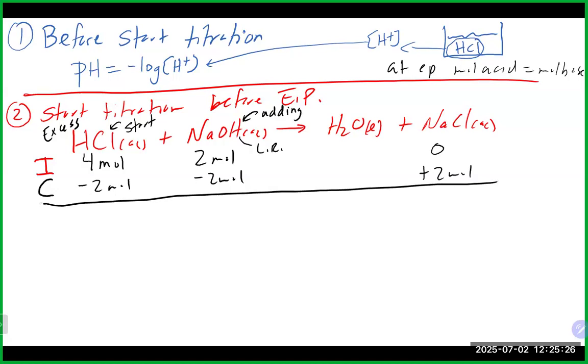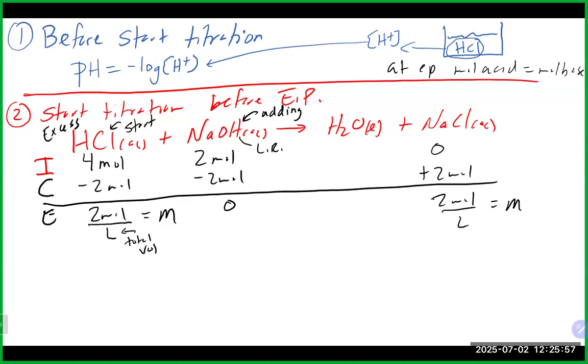That means when I reach equilibrium, I have 2 moles of HCl, 0 of NaOH, and 2 moles of NaCl. Just like in buffers, you should divide by the total volume, which is how much acid you started with and how much base you added, to convert everything back to molarity. You would definitely want to convert everybody back to molarity at the end.